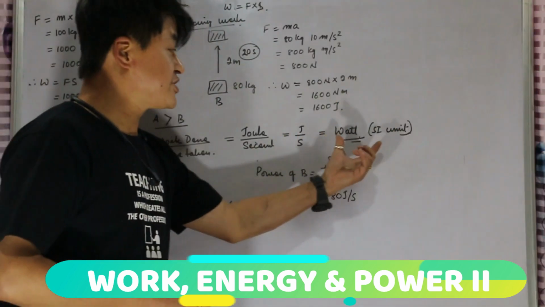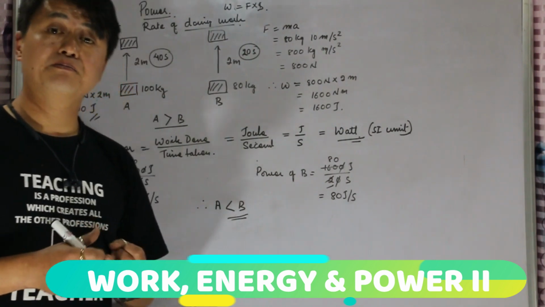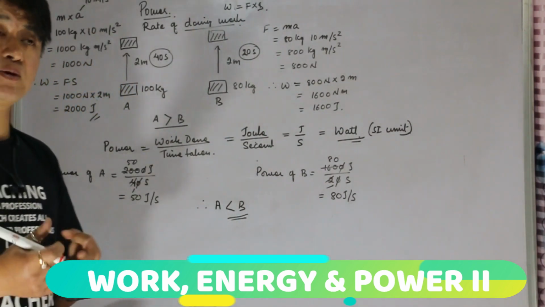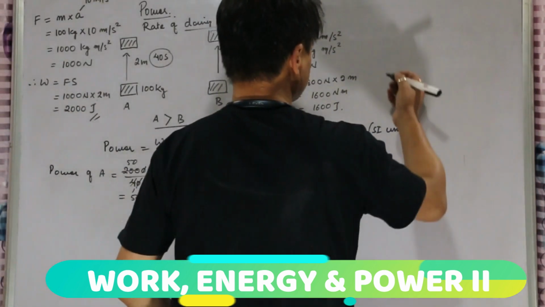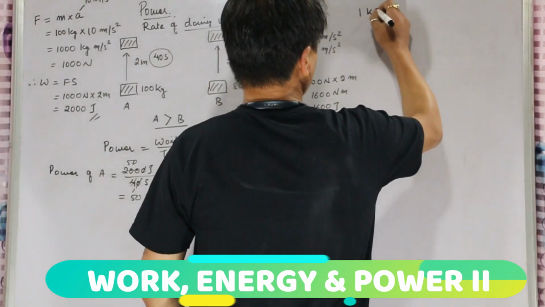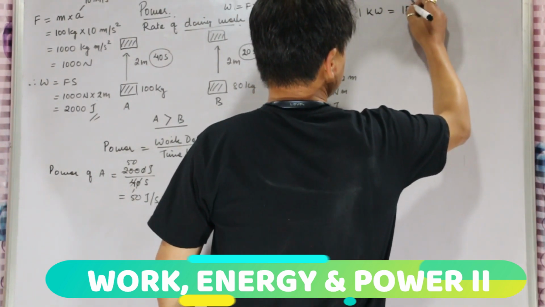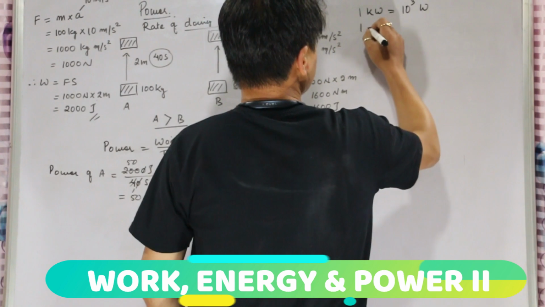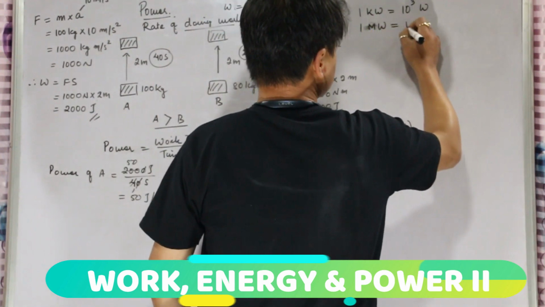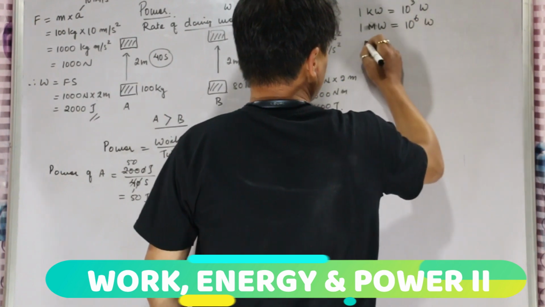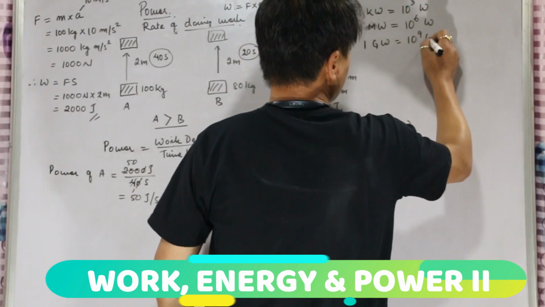The SI unit of power is the watt and its bigger units are kilowatt, megawatt and gigawatt, and the smaller units are milliwatt and microwatt. So the relations with watt are here: 1 kilowatt is equal to 10 to the power 3 watts, 1 megawatt is equal to 10 to the power 6 watts, and 1 gigawatt is equal to 10 to the power 9 watts.